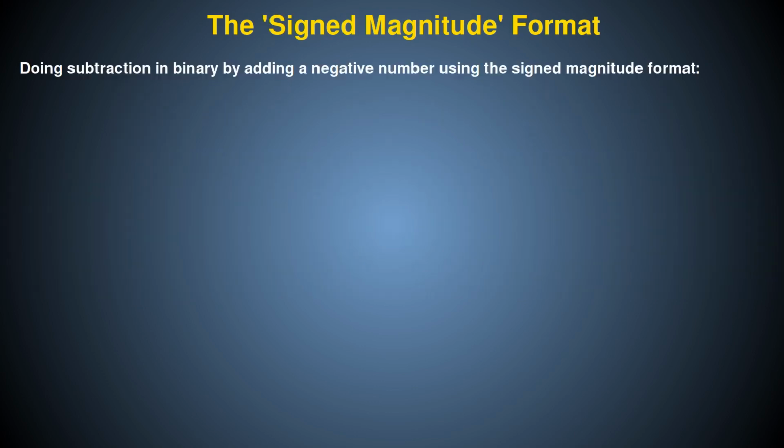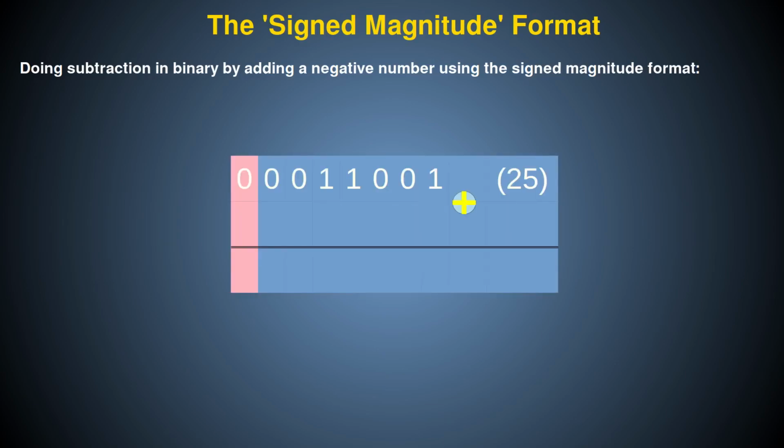For example, let us add the number 25 to minus 25 using this signed magnitude representation. In this first column, 1 plus 1 is 2, so we put a 0 here and carry 1.